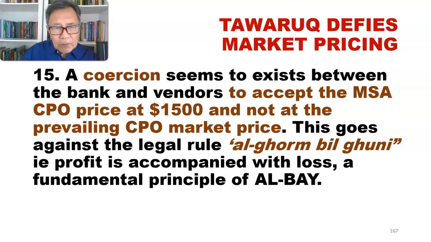So what we see is that the Tawaruq system require this artificial pricing to take place in order to guarantee that the bank is able to derive the benefit of riba, without using the principle of al-bay', which is no pay, no gain, or to ensure profit is accompanied with losses.